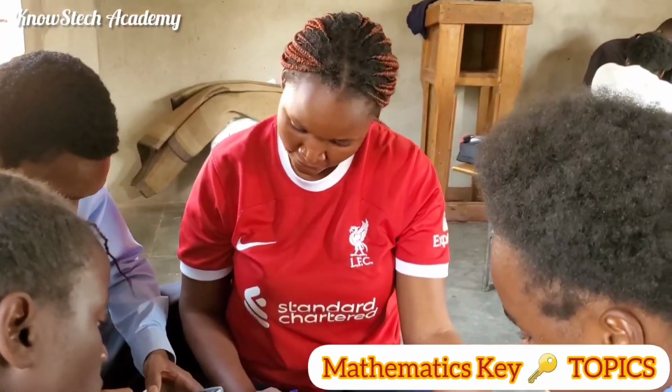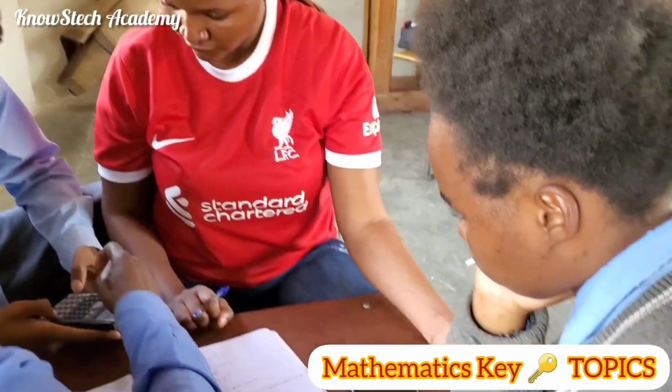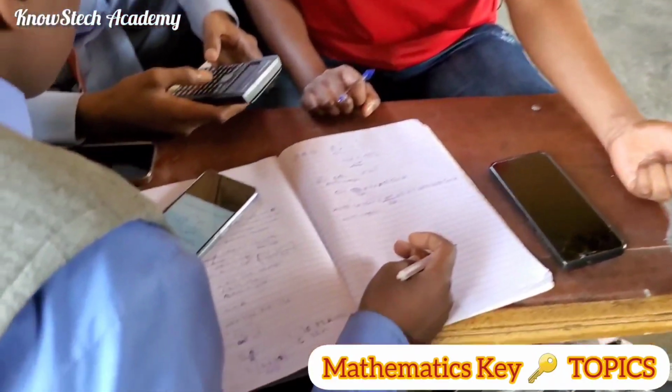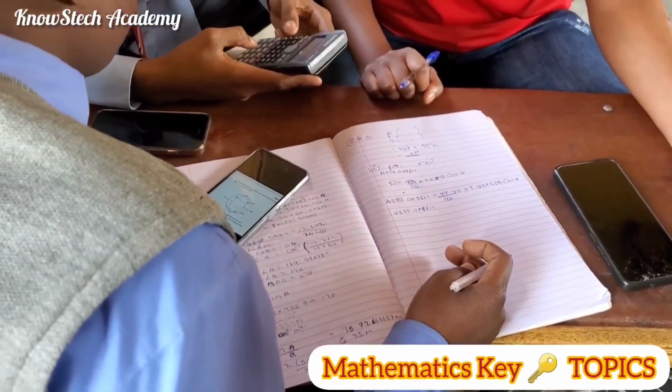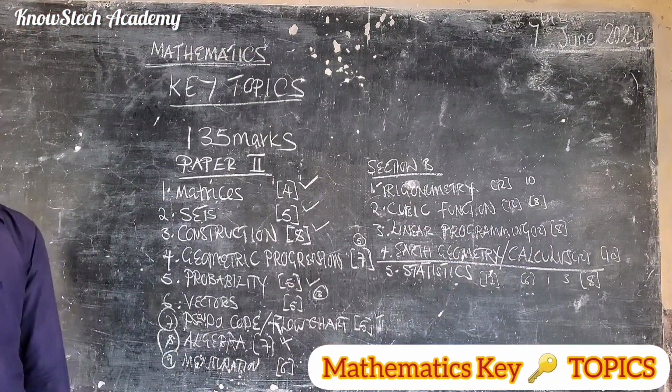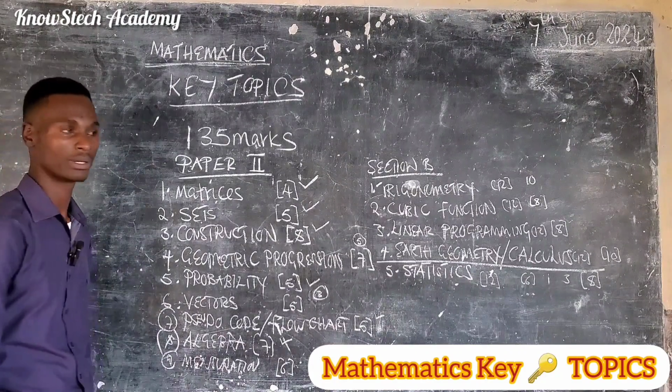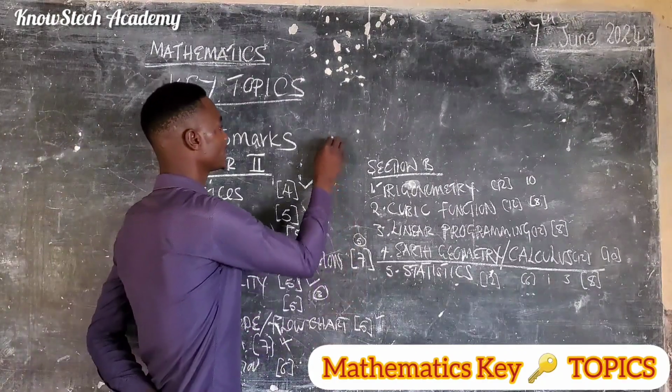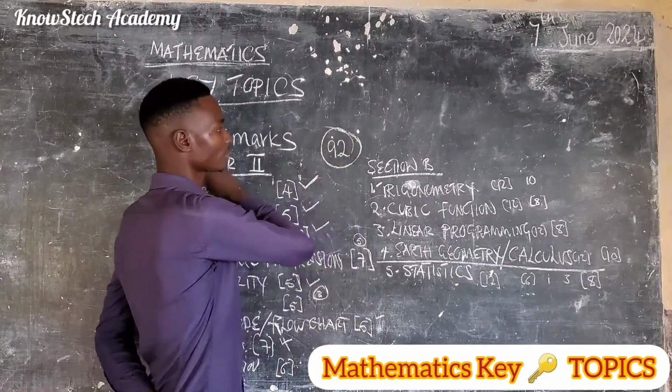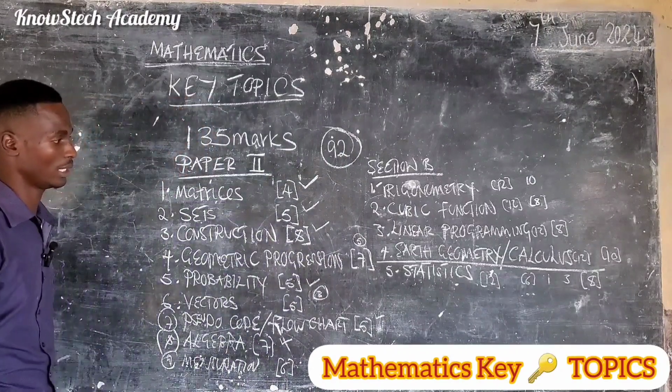Total marks is 100. How do I get you 120 something? It's 92. That is paper 2.